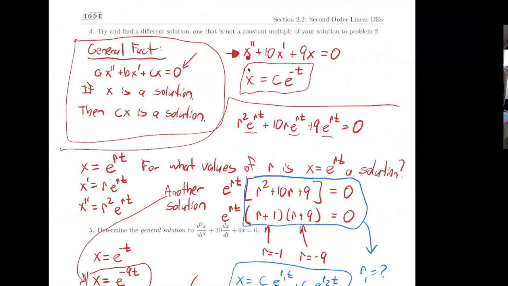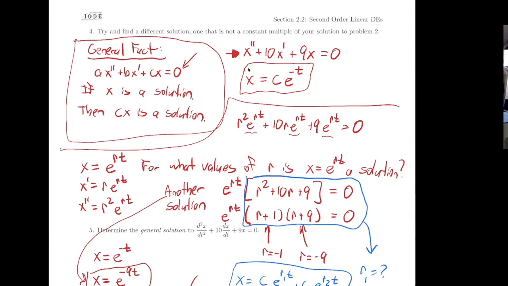that came right from the differential equation that we had over here. So I had a differential equation x double prime plus 10x prime plus 9x, and that gave me that the corresponding quadratic I needed to solve was 1 times r squared plus 10 times r plus 9. So we get the coefficients of a quadratic equation from the coefficients in the differential equation.